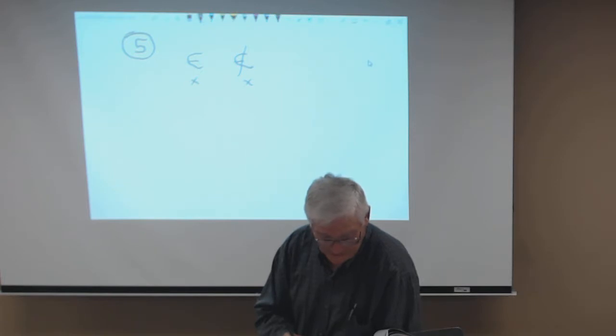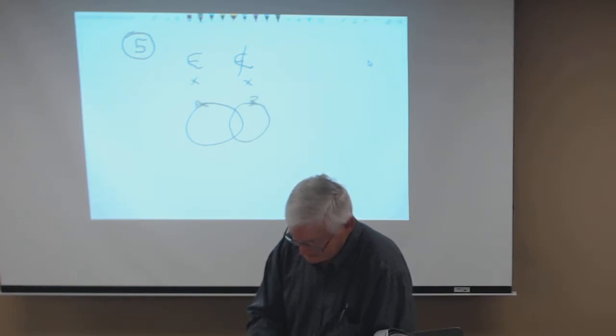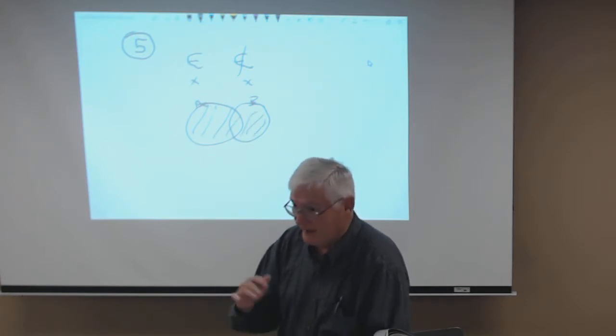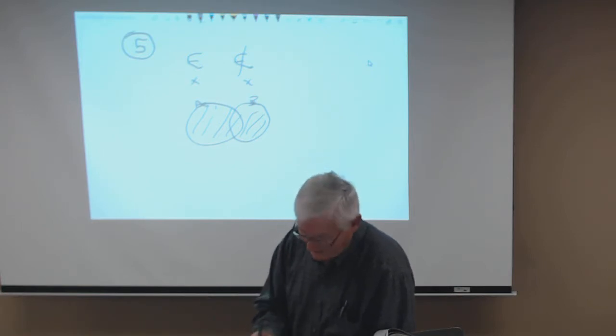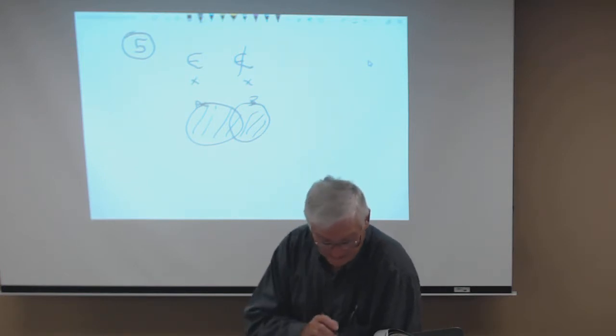A union B, the union of A and B. If I put them together, isn't that everything? Right? To unite A and B means I put both of them together. Now, how would I describe, with that set builder notation, the marks I've put in here?